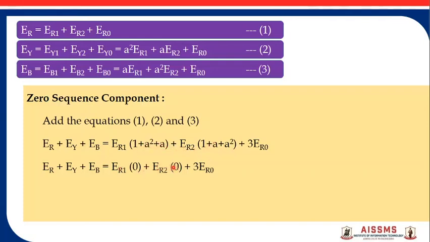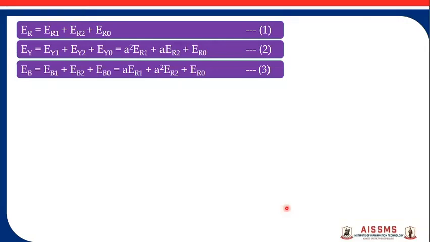So we get ER plus EY plus EB equal to 3 into ER0, or ER0 equal to 1 by 3 into ER plus EY plus EB. That is, we got the equation of the zero sequence component in terms of phase voltages. ER, EY, EB are the phase voltages.